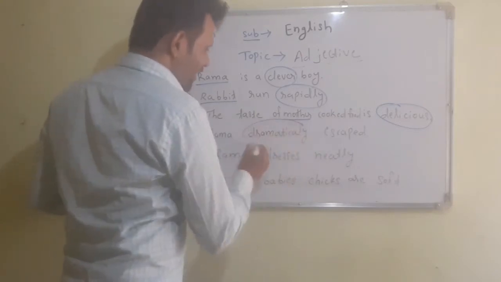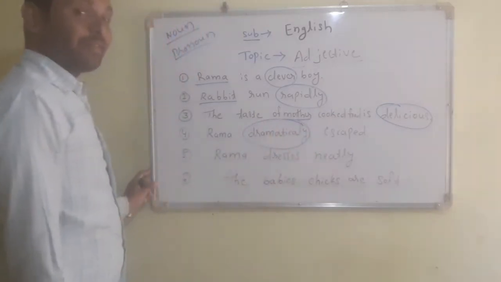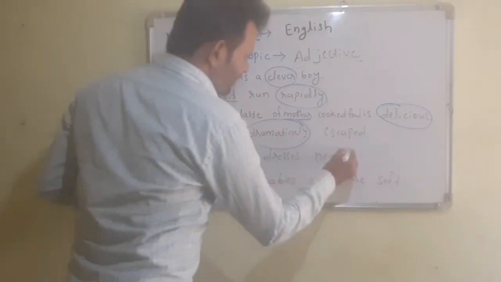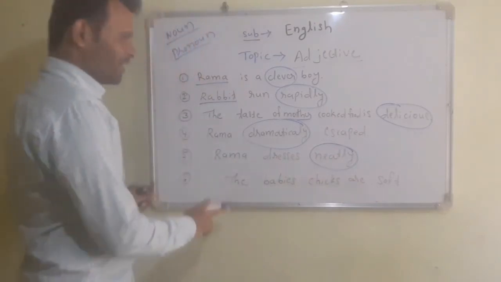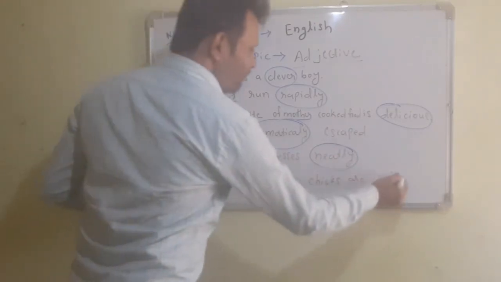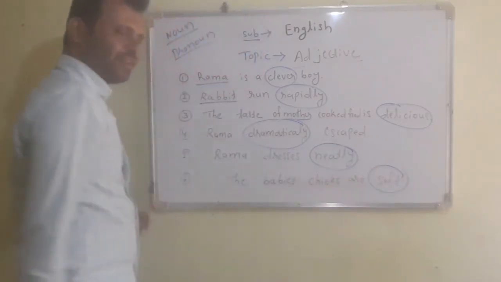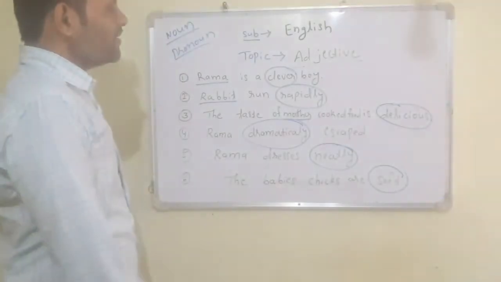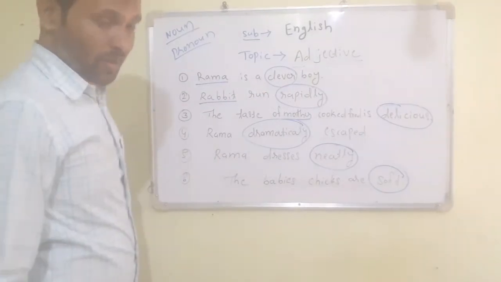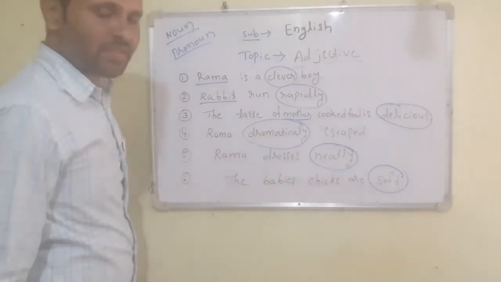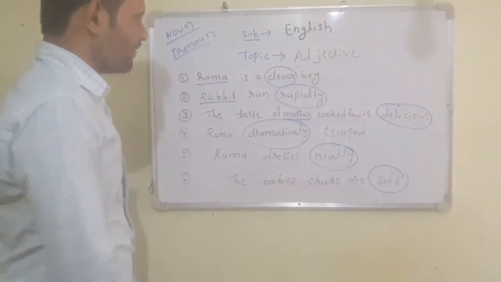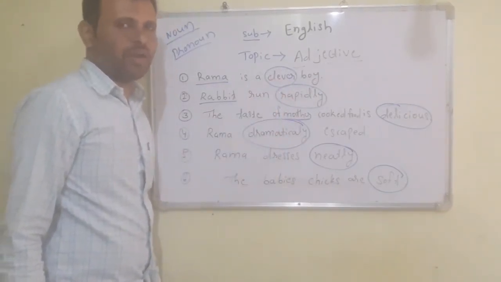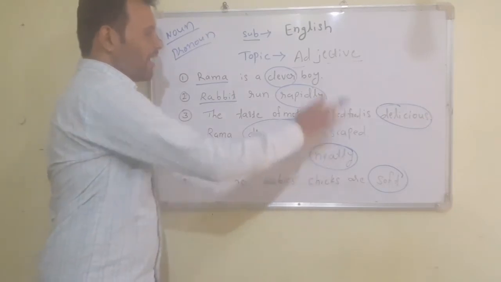Rama dresses neatly. The baby chicks are soft. These are some examples of adjectives. Whatever words explain a noun or pronoun are called adjectives.